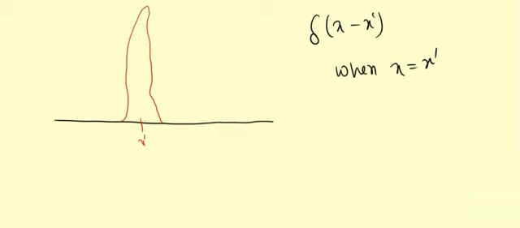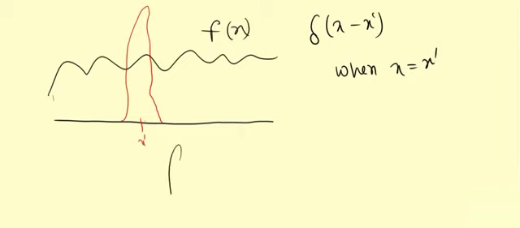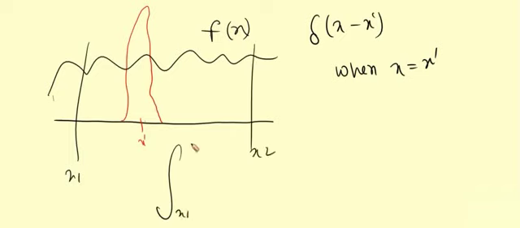Let's say you have a function like this. This is some f of x, and you integrate from this lower limit x1 to upper limit x2, the integral of f of x multiplied with delta of x minus x prime.